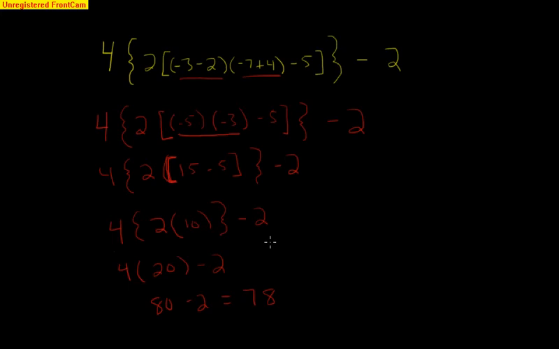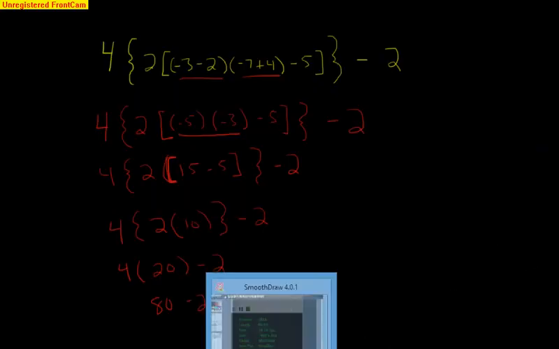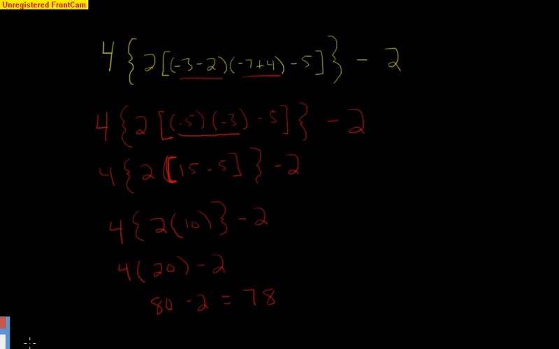And again, encourage you to rewrite so that you don't make any careless mistakes. Sorry about that. The math is never difficult. It's always about the rules. Don't break any rules, and the math is pretty simple. The biggest number that we started off with was a 7 in the original problem, a negative 7. There were no decimals and no fractions. Just simply teaching you the rules of order of operations.